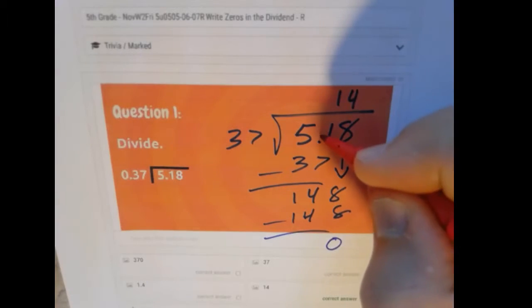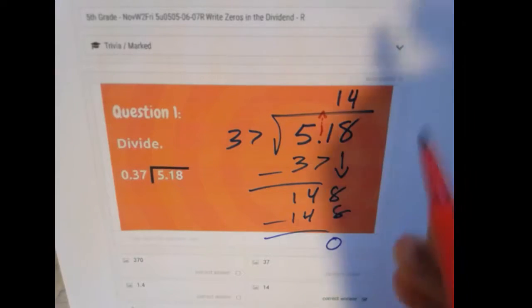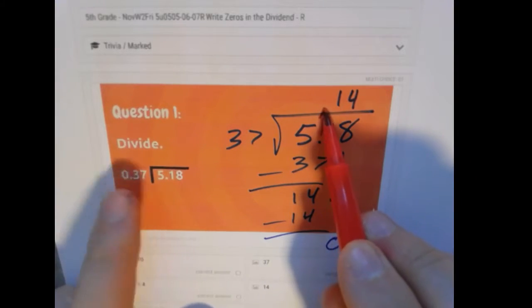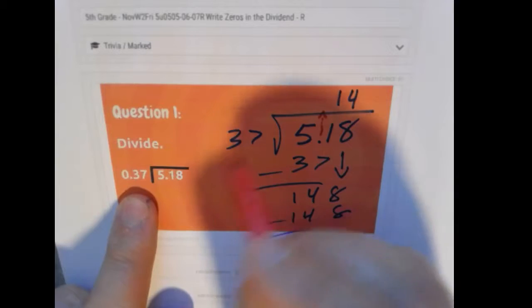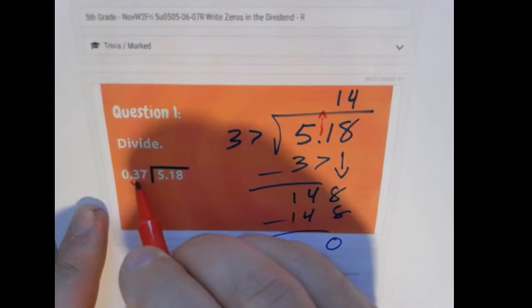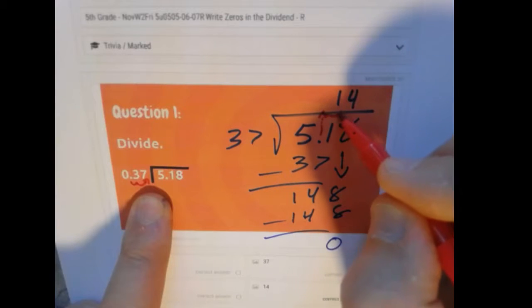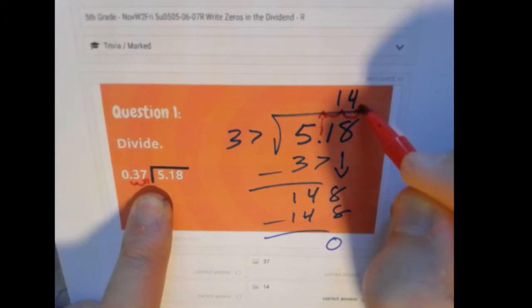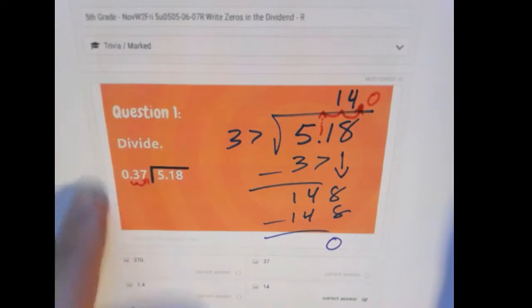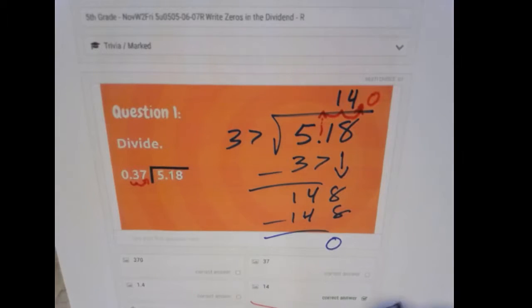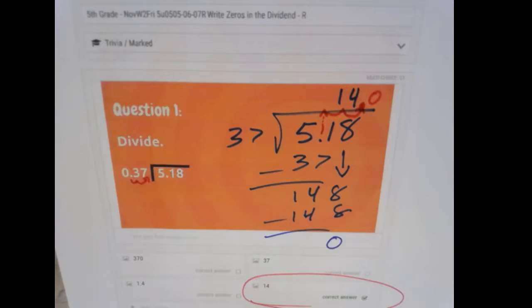If we follow the decimal straight up, are we going to put it here? Because remember, we were working with 37 instead of 0.37. So if we moved it 2 spots to make it 37, we're actually going to move the decimal 2 spots to the right to make it 14.0 or 14. Okay.